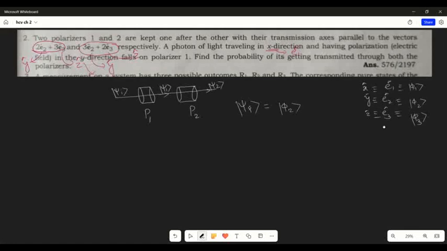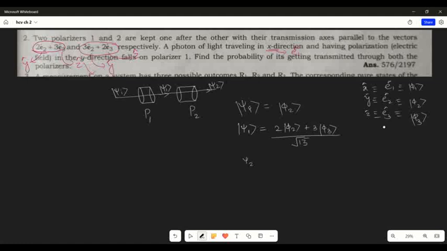The transmission axis for polarizer 1 can be written as ket psi 1 equal to 2 phi 2 cap plus 3 phi 3 cap, and the normalization factor is root 13, that is basically 2 squared plus 3 squared.